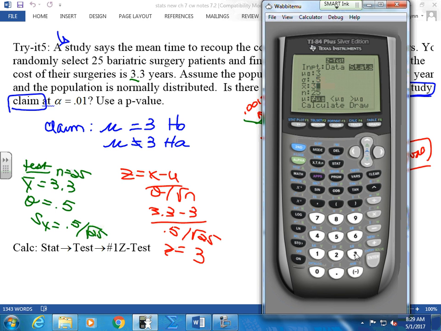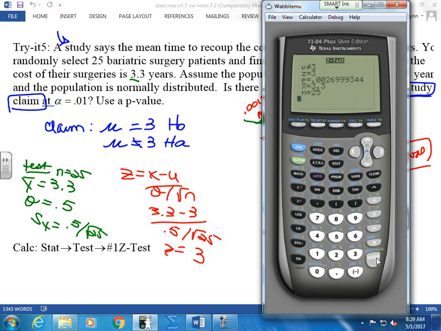Your x bar, 3.3. Your n stays the same, your tail is the same. Notice, there's my z-score, my test statistic. There's my p-val, if I round it, 0.0027. Round it a little bit better because your table rounded and we multiplied. So 0.0027, and that's what you're going to compare with.